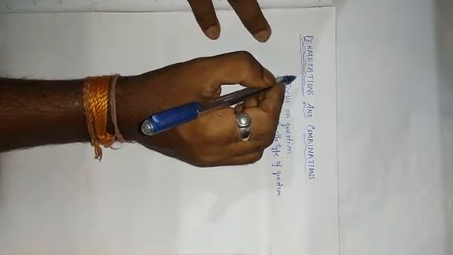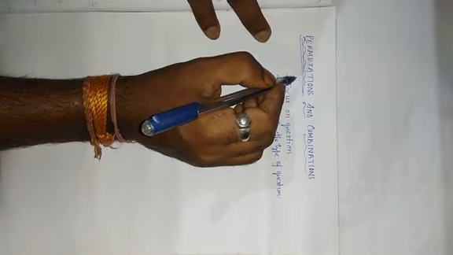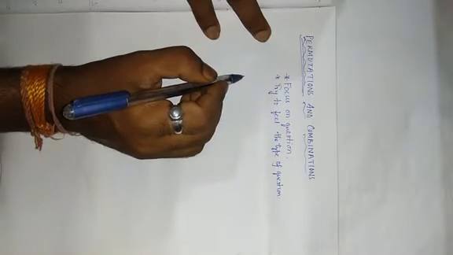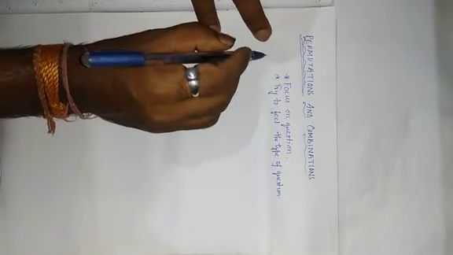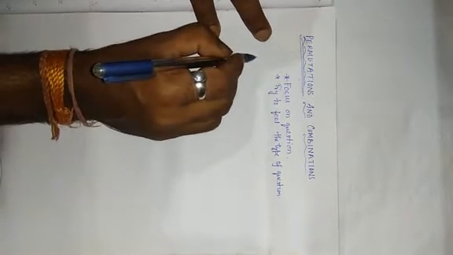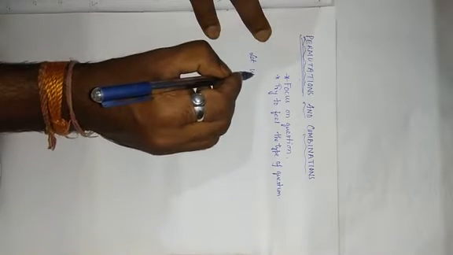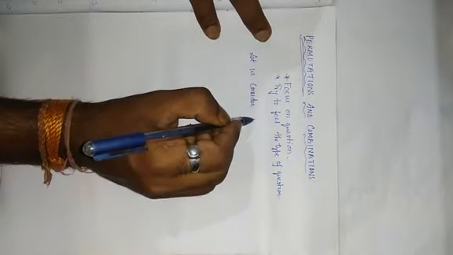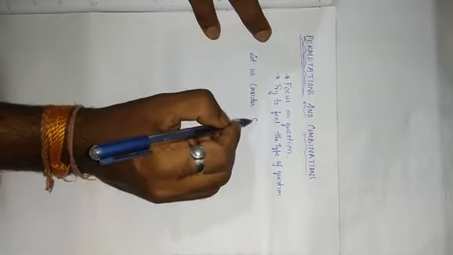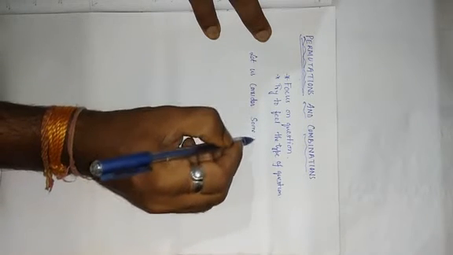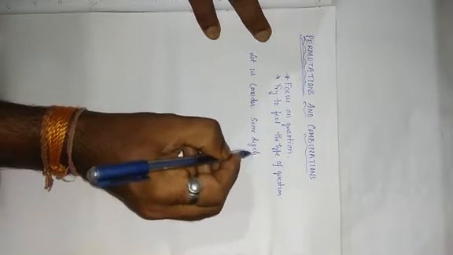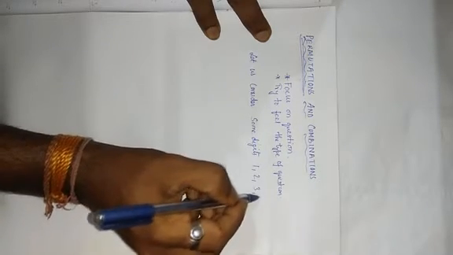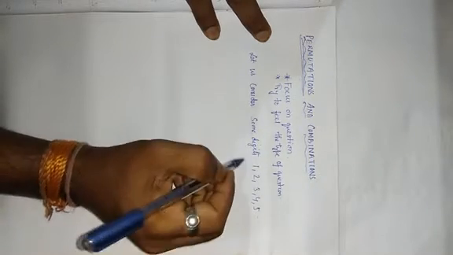let me take an example. What does the permutation mean? I'll be explaining it through an example. Let us consider some numbers, some digits. 1, 2, 3, 4, 5.